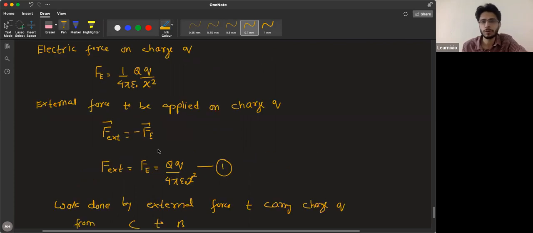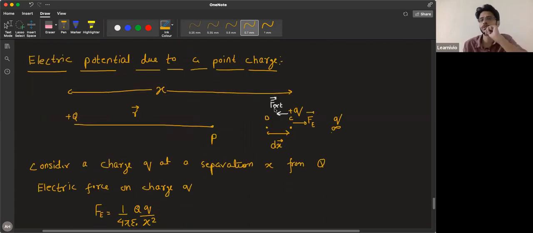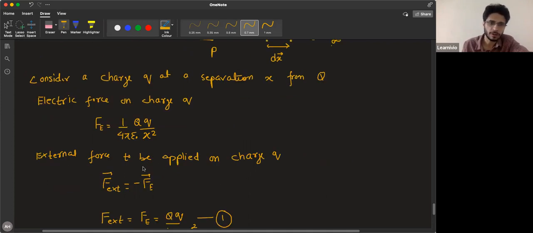What will be the formula for work done? This is the external force. I'm carrying charge from C to D. Displacement is dx. So dW is F external dot dx.